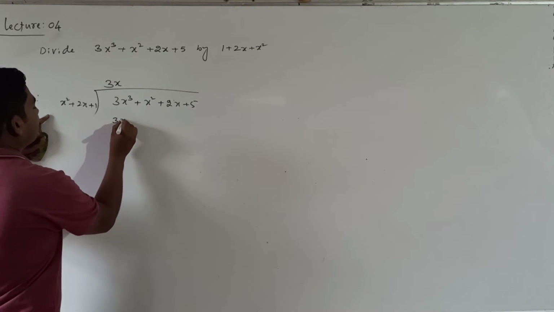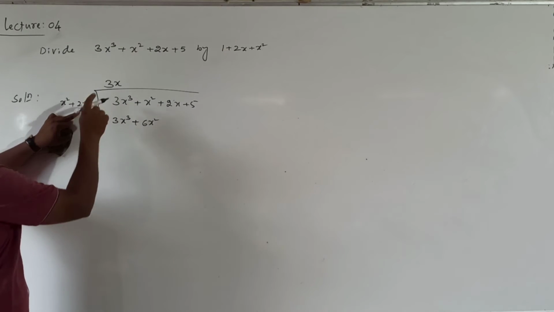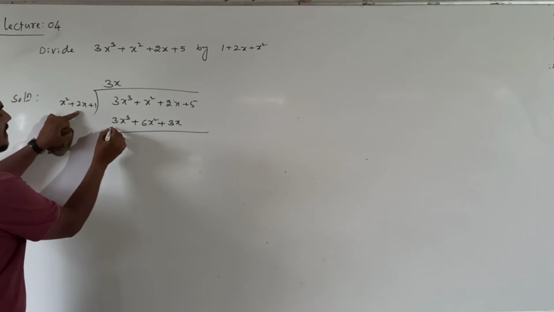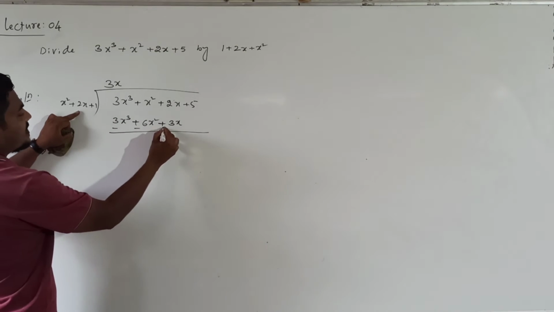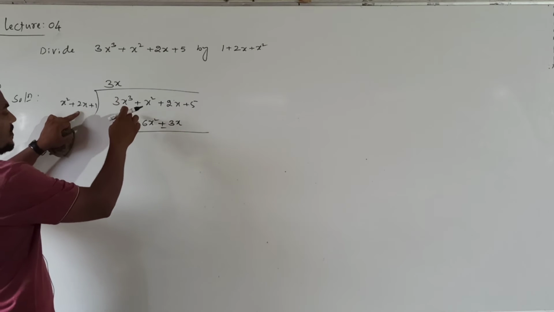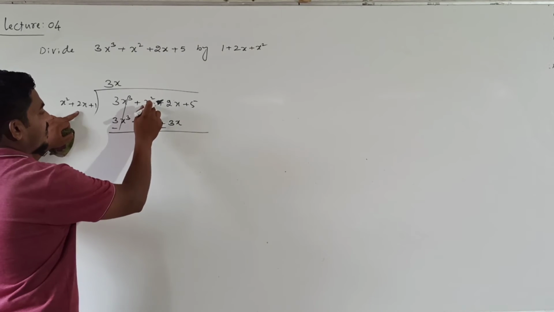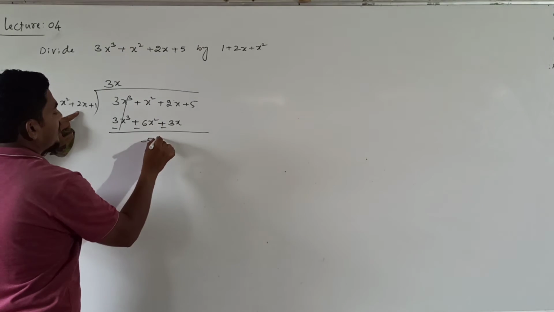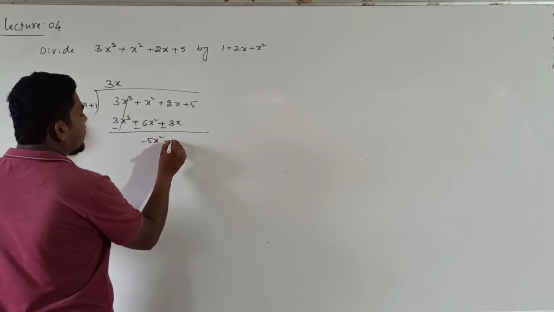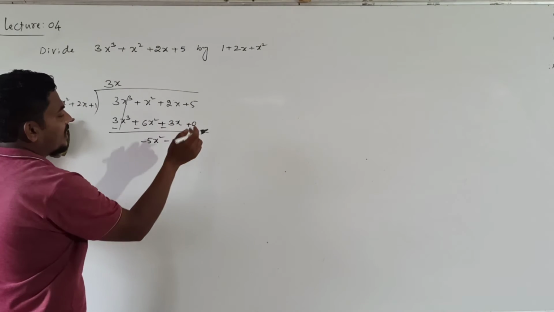Then it will be 3x cube plus 6x square, 2x into 3x, plus 3x. Now just subtraction, just take reverse sign. It will be cancel. Minus 6x square plus x square, that is minus 5x square. Then minus 3x plus 2x, it will be minus x, and take this 5 directly. Here nothing is means 0. 5 minus 0 is 5 only.